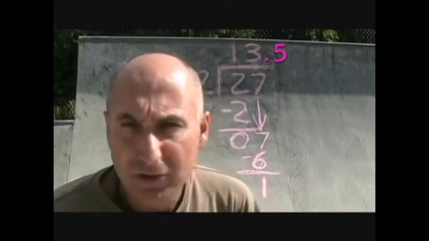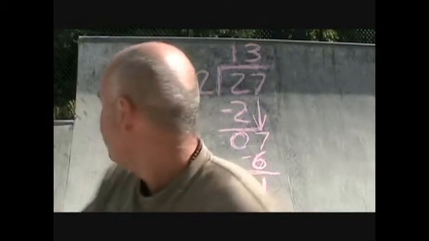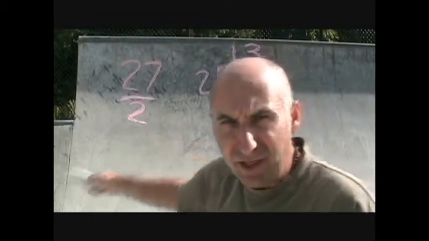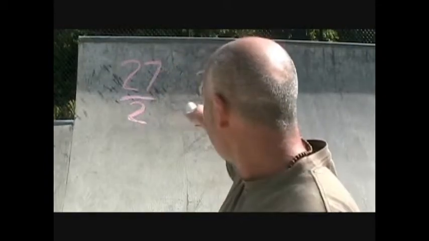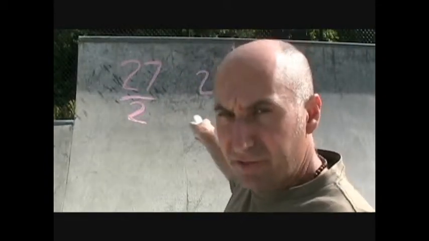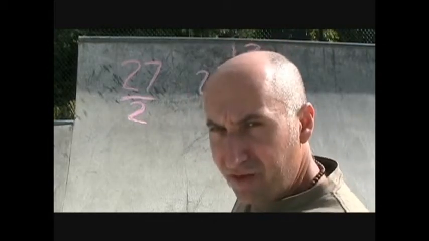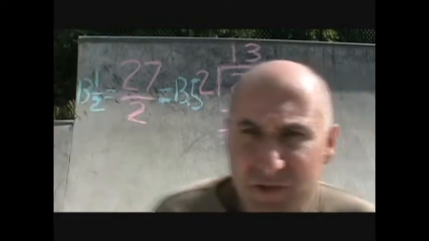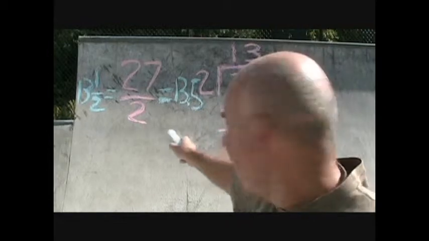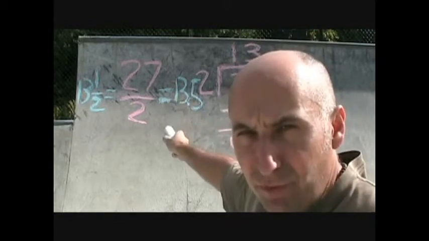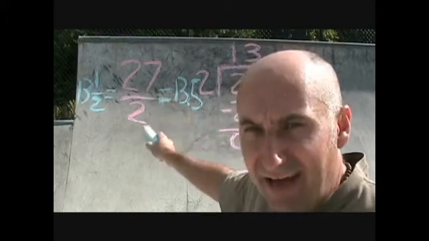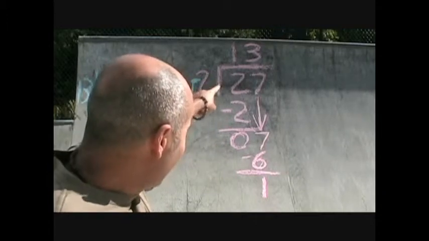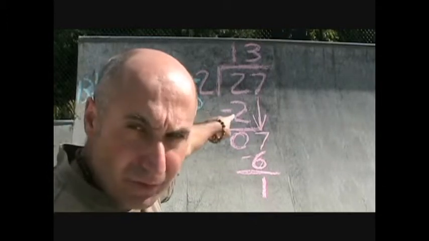But we're not going to do that because we want to stay with fractions, especially with polynomials. Okay. Now 27 divided by 2, you can write multiple ways. You could say 27 divided by 2 is equal to 13.5, or 13 and a half. So you could write down 27 divided by 2 as 13.5, or as 13 and a half. 27 divided by 2 would be 13 and 1 divided by 2, okay?